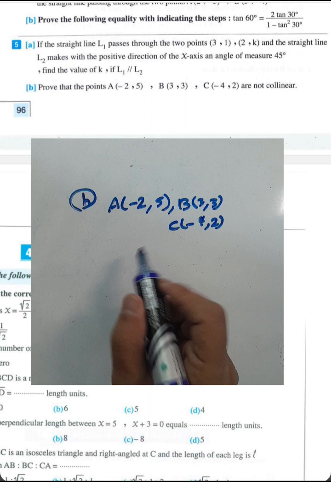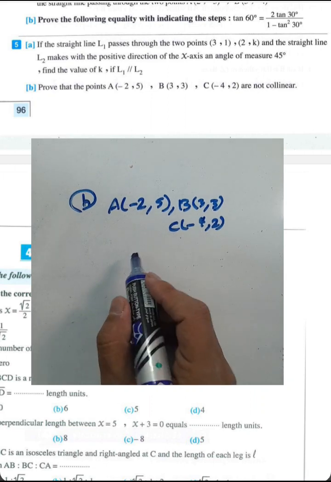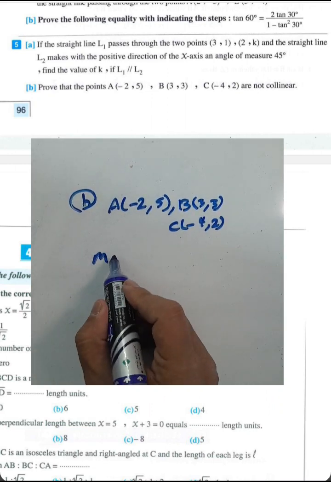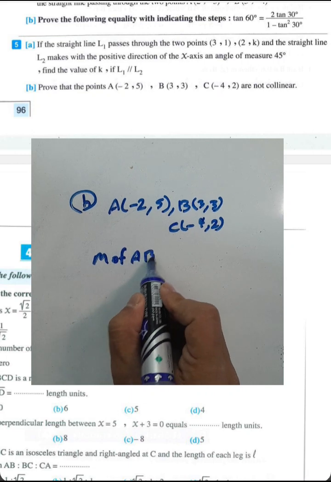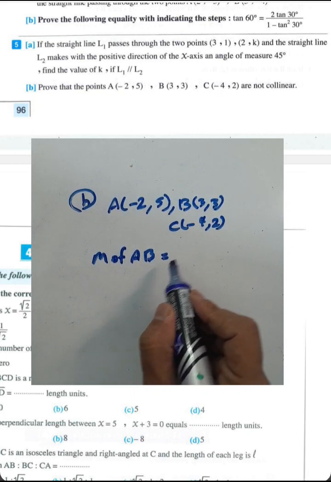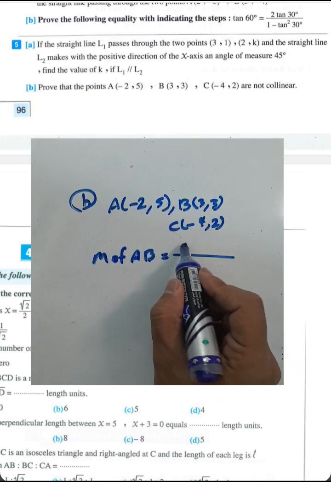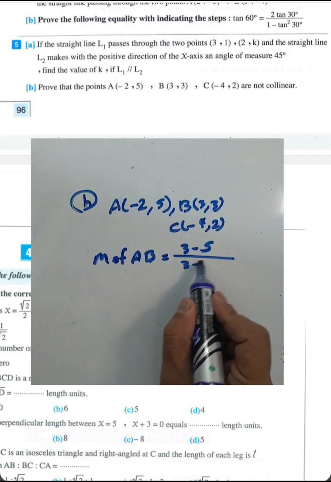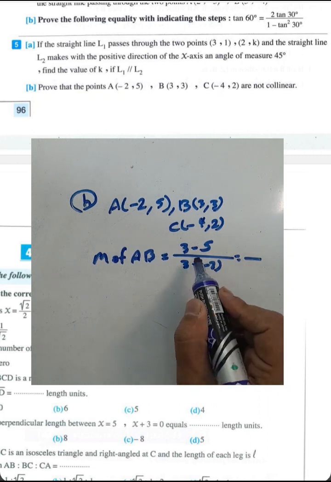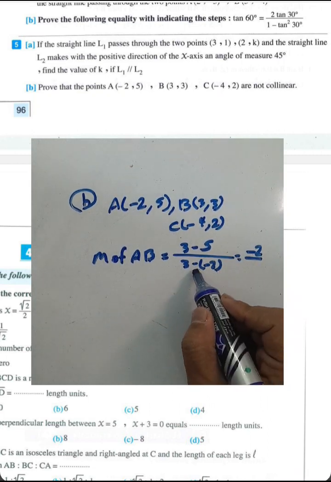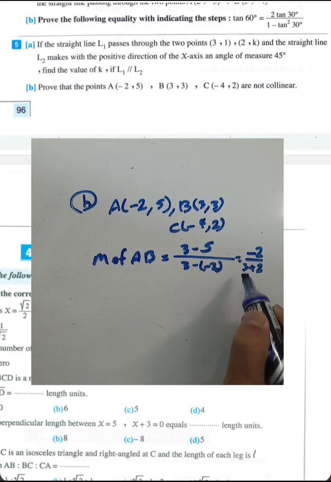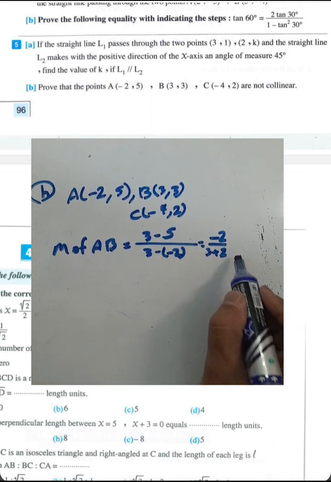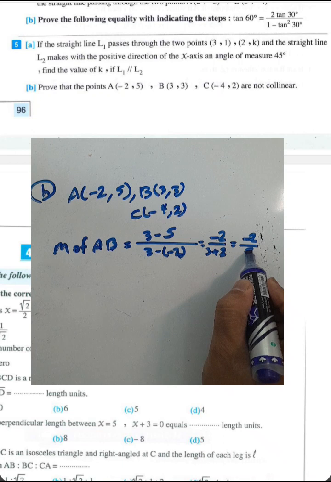To prove that 3 points are collinear, you can find the slope of AB equals y2 minus y1, 3 minus 5, over x2 minus x1. 3 minus 5 will be negative 2, and 3 minus negative 2, 3 plus 2, will be 5. Then the slope here equals negative 2 over 5.